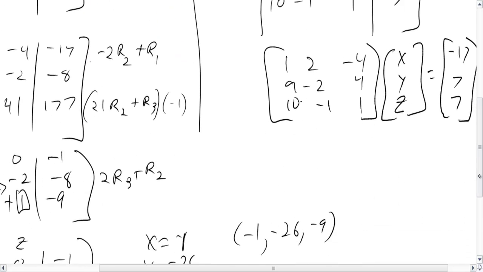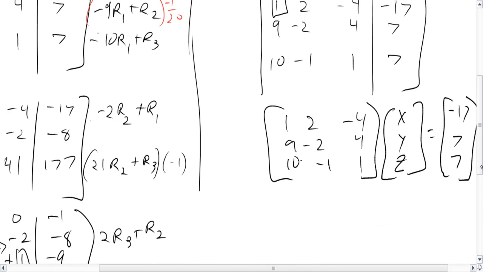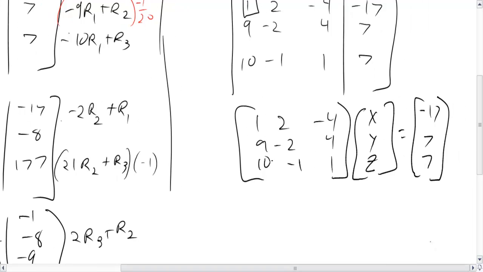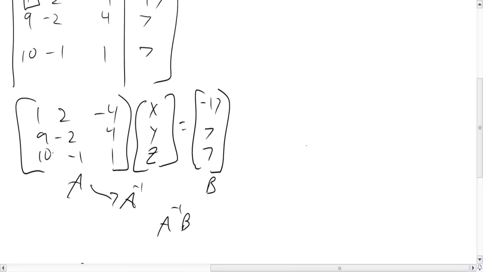Now, we could get the answer to this just by simply putting in our graphing calculator the A matrix and finding what A inverse is, then taking our B matrix and multiplying A inverse times B. Because if you remember our matrix arithmetic, how we get through this matrix algebra: if I want to get rid of a matrix A, I have to multiply both sides by A inverse, and if I multiply on the left, I have to multiply the other side of the equal sign on the left.